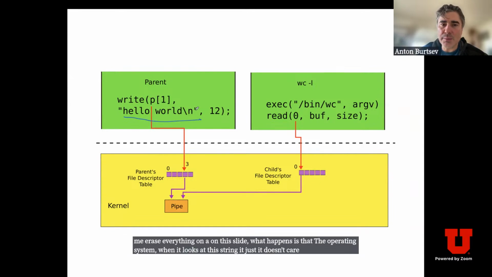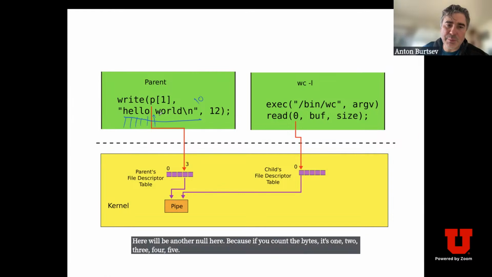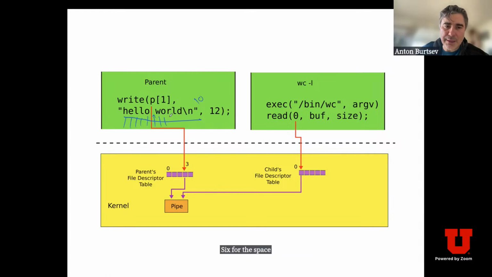It can be any garbage. It can have a different symbol, no null terminator. Here there would be another null, right? Because if you count the bytes, it's 1, 2, 3, 4, 5, 6 for the space, 7, 8, 9, 10, 11, 12. Where's my 0? Am I counting it correctly?